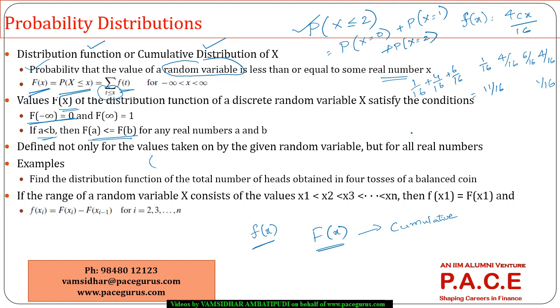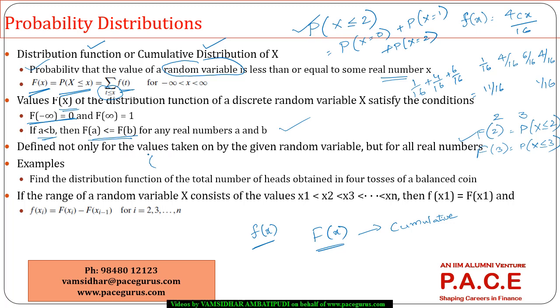It's as good as saying, if 2 is less than 3, capital F(2), which is the probability of X less than or equal to 2, and F(3), the probability of X less than or equal to 3, then the probability of X less than or equal to 2 should always be less than or equal to the probability of X less than or equal to 3. So that is one more rule that we really need to be comfortable with.